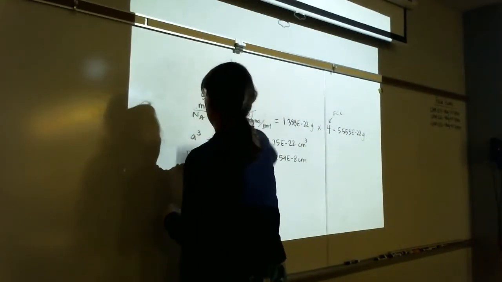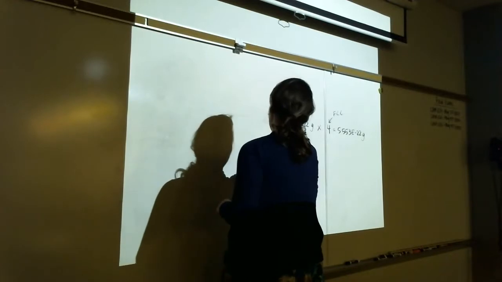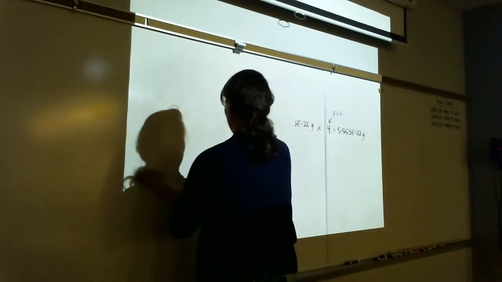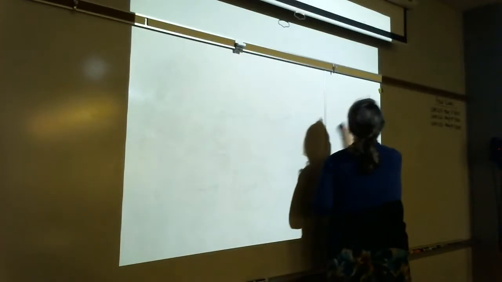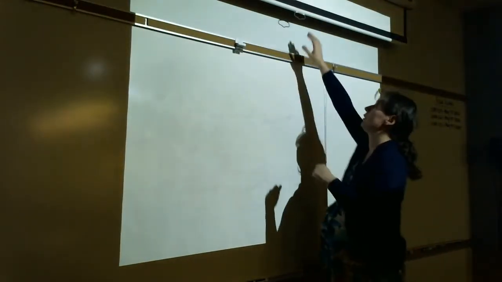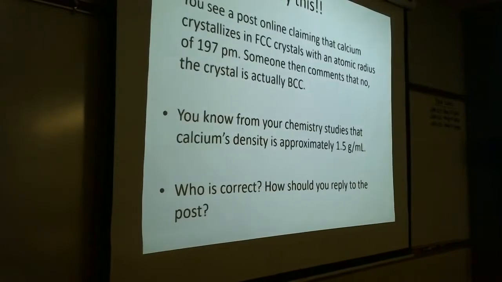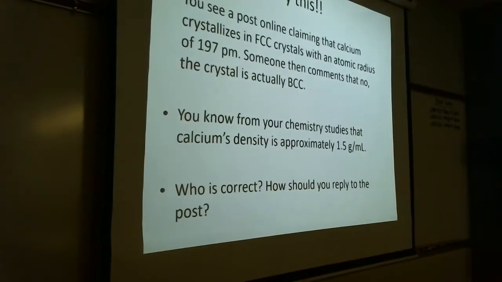All right. Here's another one for you to try. I won't be able to give you as much time to do it though, just FYI, because we're starting to run low. But I'll at least be able to give you a few minutes to start working on it. You see a post online saying that calcium crystallizes as face-centered cubic with a radius of 197 picometers.